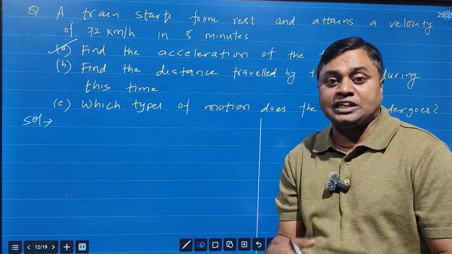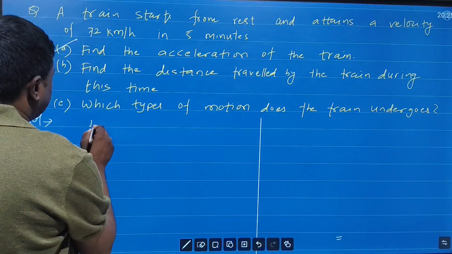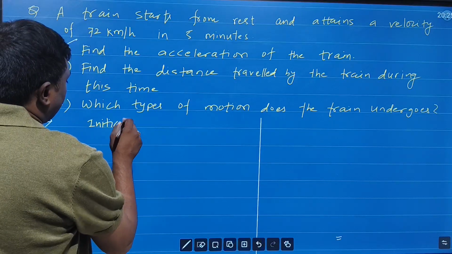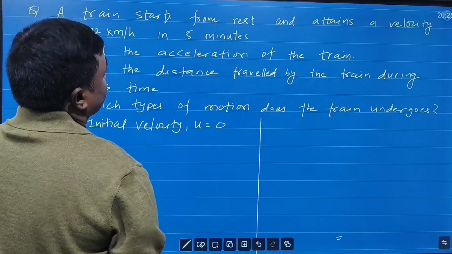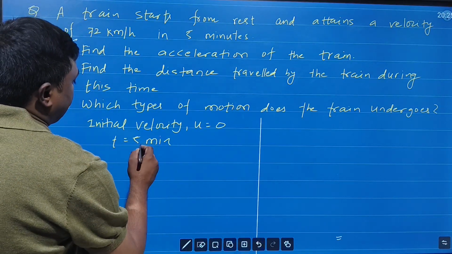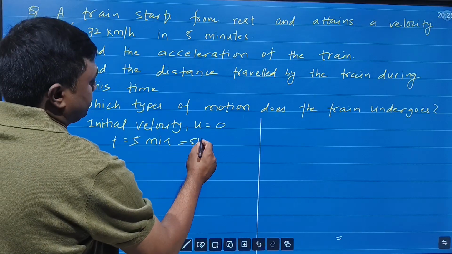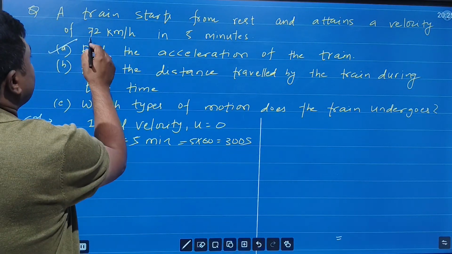If any body starts from rest, the initial velocity is 0. First step: initial velocity u is equal to 0, and time is 5 minutes. You have to change into SI unit, that is 5 into 60 seconds, that is 300 seconds.